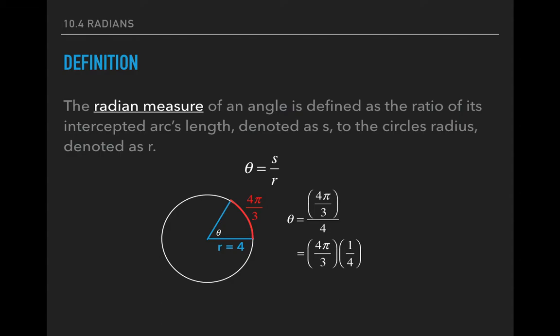So take 4's reciprocal, it's 1/4, and simplified it would be pi over 3. Pi over 3 is the radian measure of that angle theta, and that in degrees was 60. So we're seeing here, okay, pi over 3 radians is the same thing as 60 degrees.